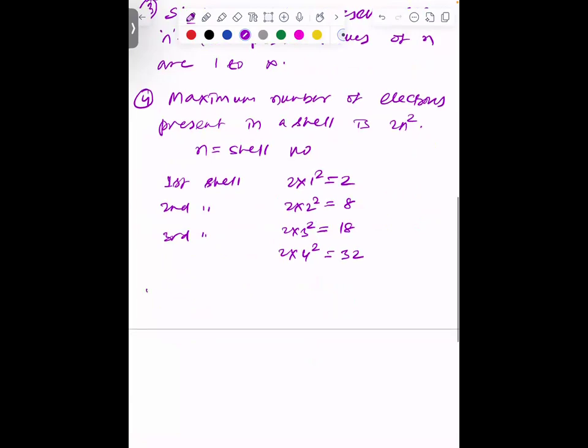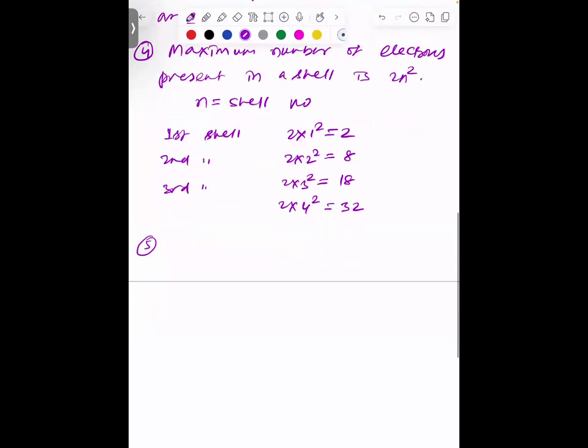Next, the fifth one. If we consider a particular shell, suppose in the second shell one electron is revolving. So as long as the electron is present in the second shell, there will be no loss or gain of energy. So shells are known as the energy levels. Shells are known as the energy levels.